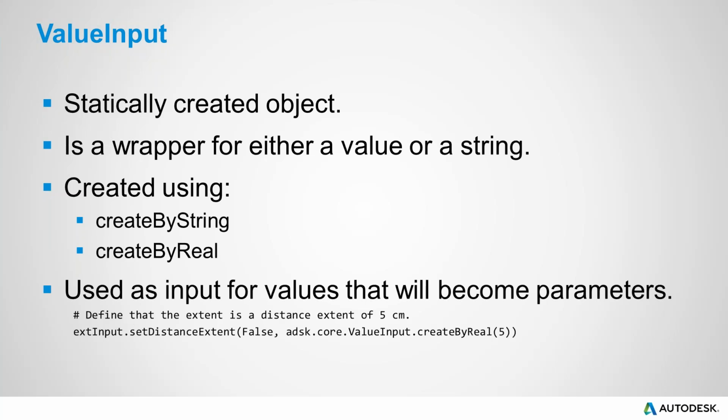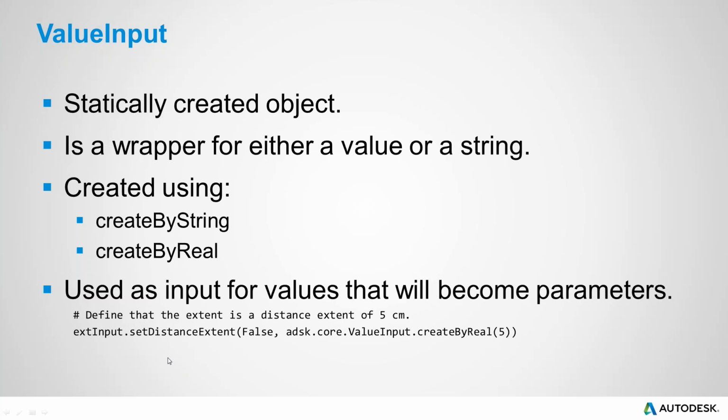And here's an example. This is creating an extrude. So I have an extrude input, right? Remember, an input object is kind of the equivalent of the dialog, so the extrude dialog. And we want to create an extrude that's a certain depth.